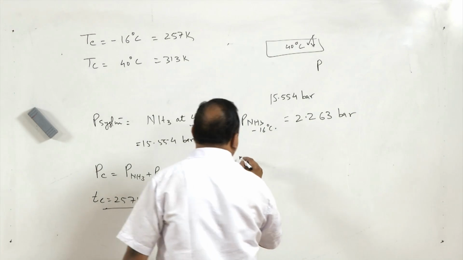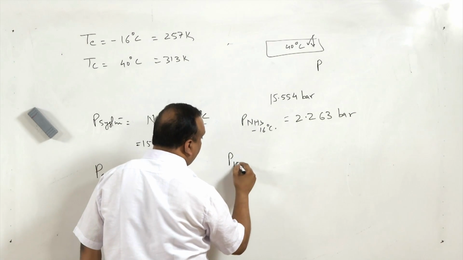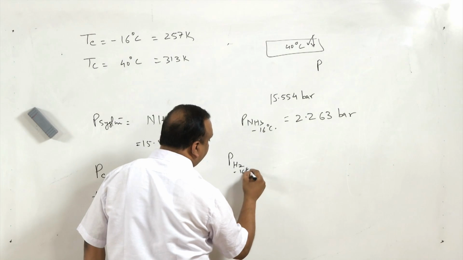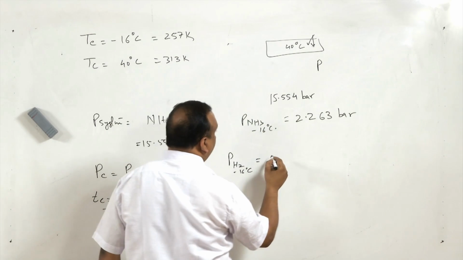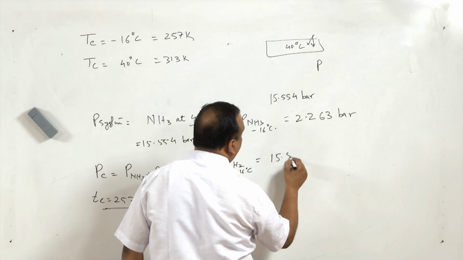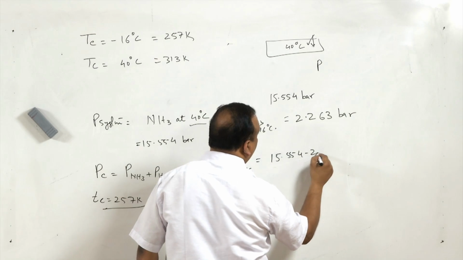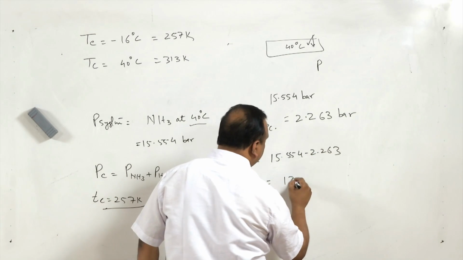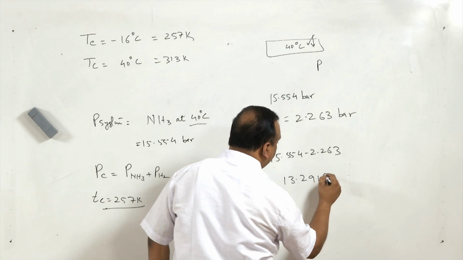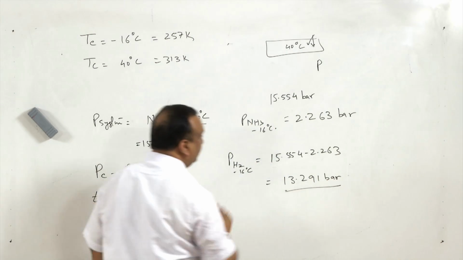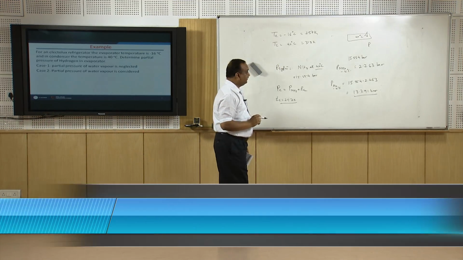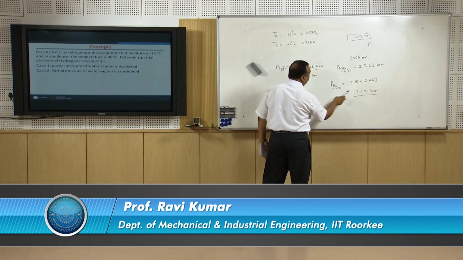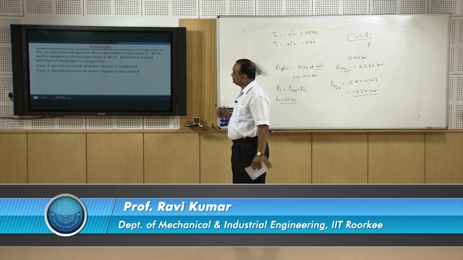So the pressure of hydrogen in the evaporator is going to be the total pressure 15.554 minus 2.263, which is equal to 13.291 bar. This is the partial pressure of hydrogen in the evaporator.